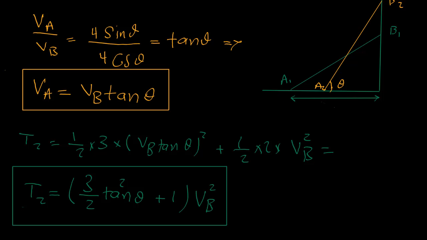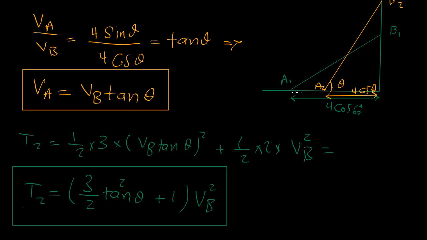So this length is 4 cosine 60, and this length here is 4 cosine theta.